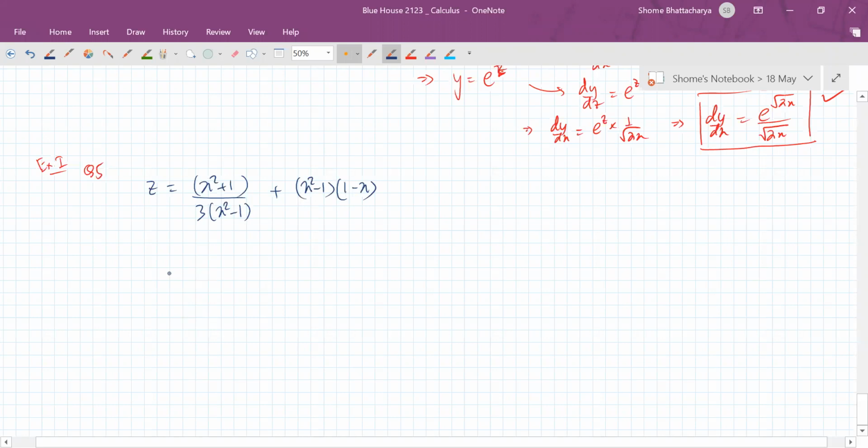Okay, so first we can simplify this a little. x square minus 1 into 1 minus x can be written as x square minus 1 minus x cube plus x. So that is x square minus x cube plus x minus 1.